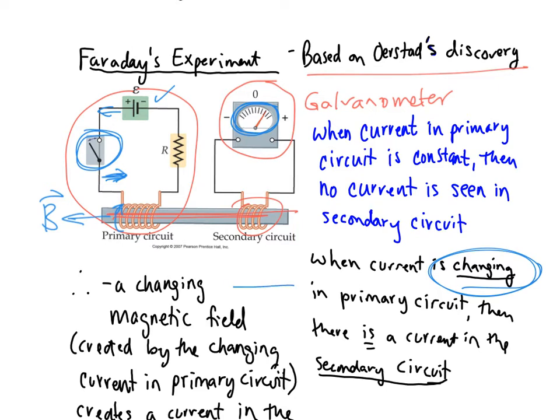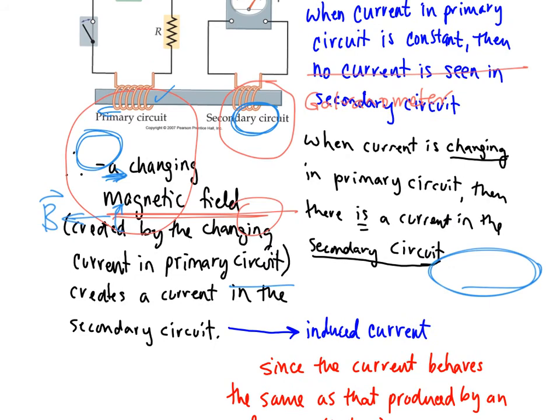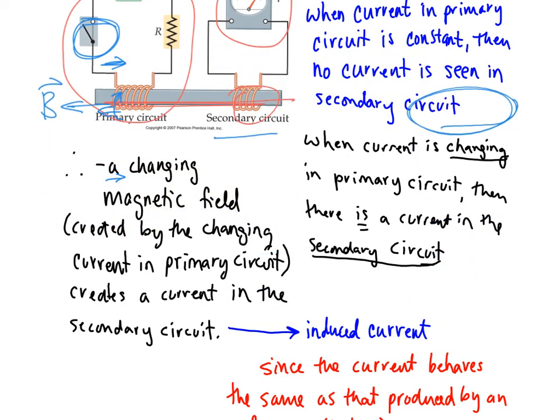The conclusion over here is that a changing magnetic field, created by the changing current in the primary circuit, creates a current in the secondary circuit.